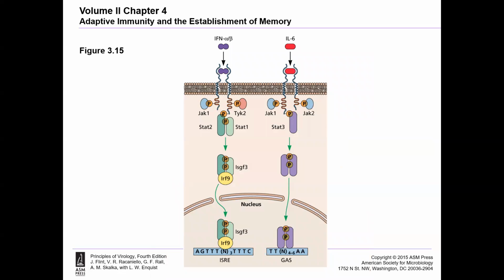Here is a simplified schematic of the interferon response, okay? So you have interferon alpha beta binding to its receptor, initiating phosphorylation events and dimerization of a STAT1, STAT2 complex, which can then ultimately reach the nucleus and again induce interferon stimulated response elements.